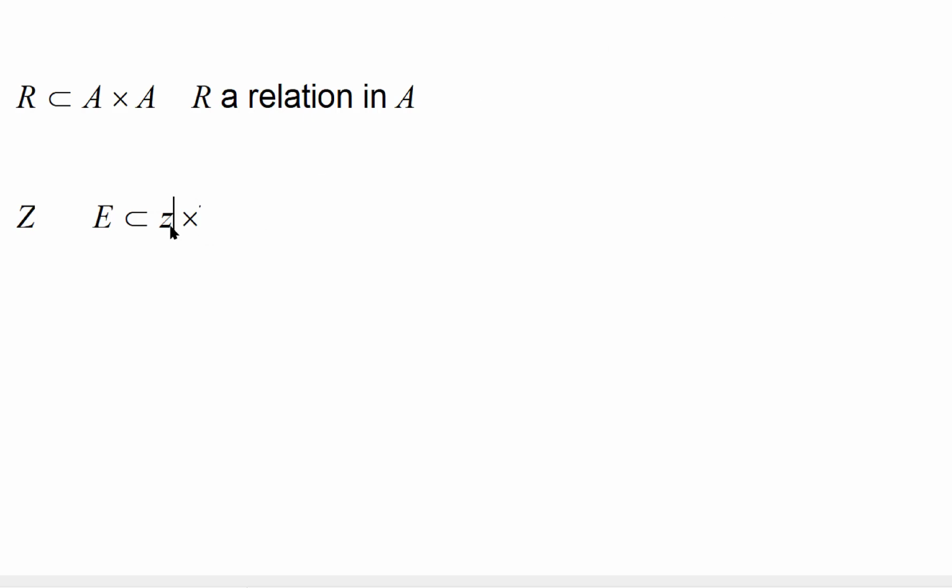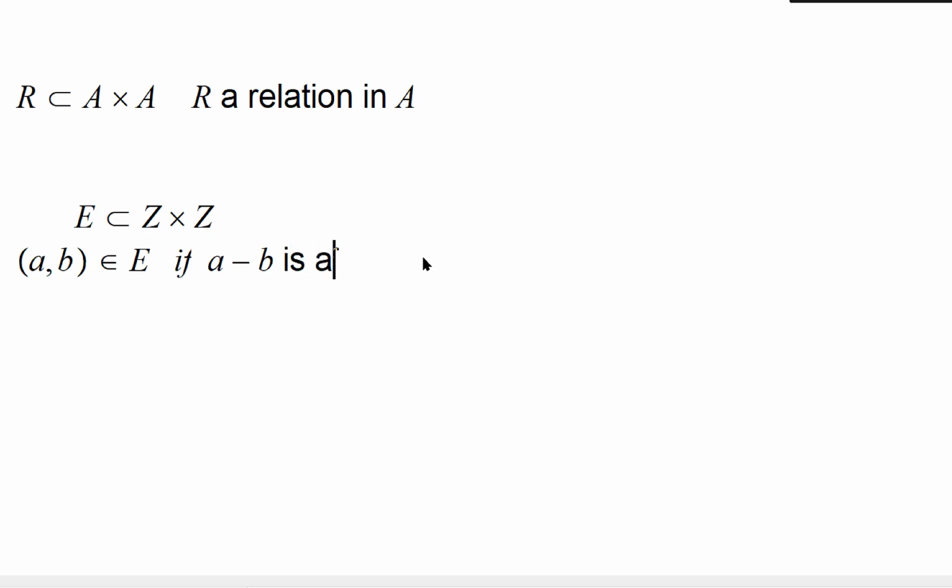So we would say that (a, b) belongs to E, or a and b are related, if a minus b is an even number.